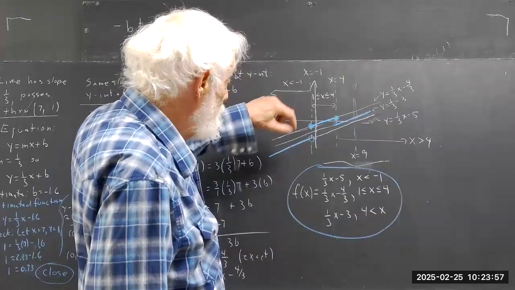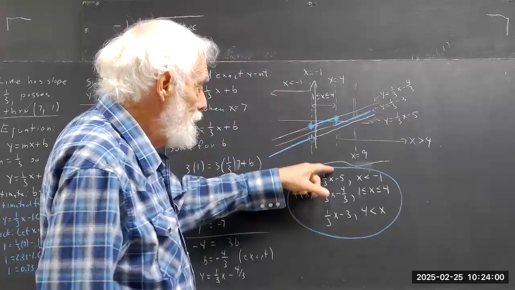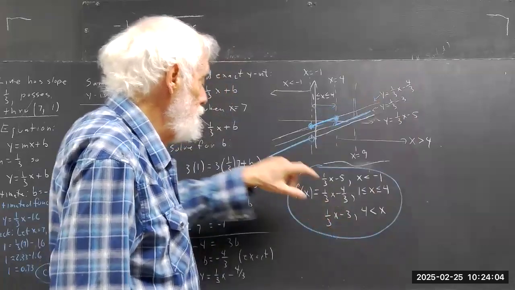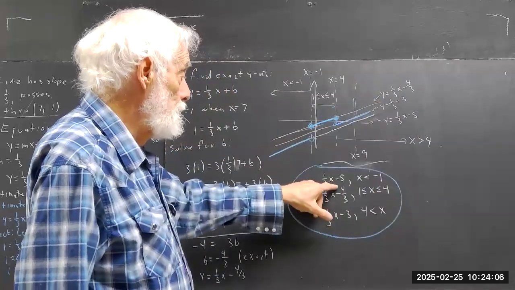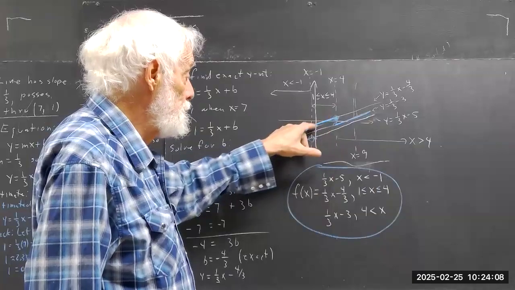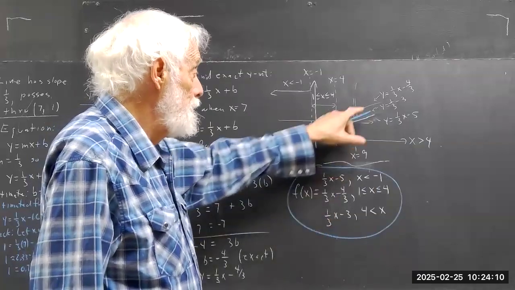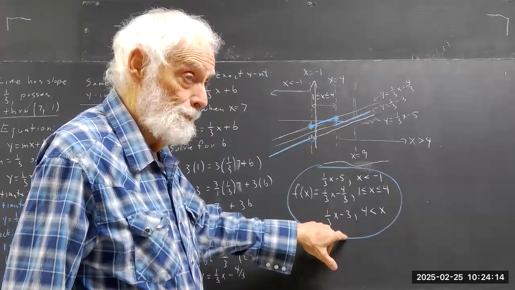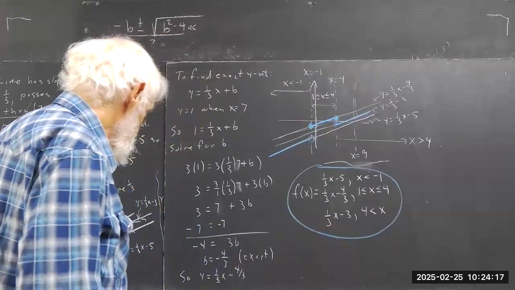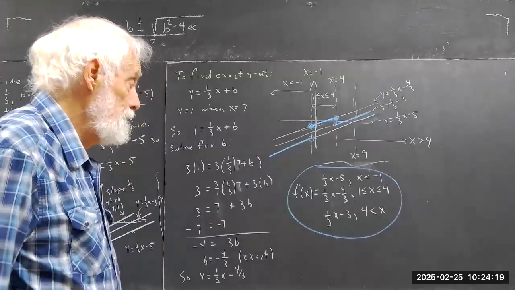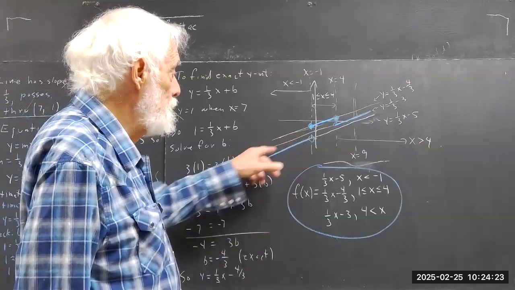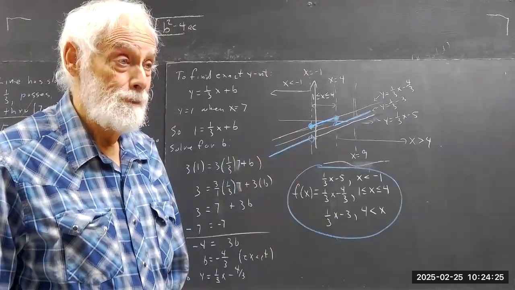So again, to get this function from the graph, if you weren't given the functions, you have to get 2 points in this and figure out what this function is, get 2 points here and figure out what this function is, and get 2 points here and figure out what this function is. That's not difficult. Once you have 2 points, you can find the slope.